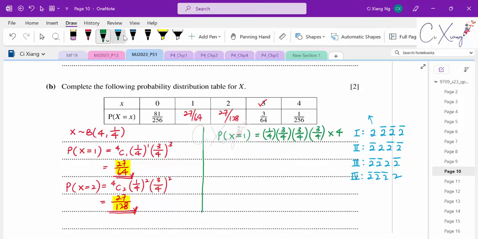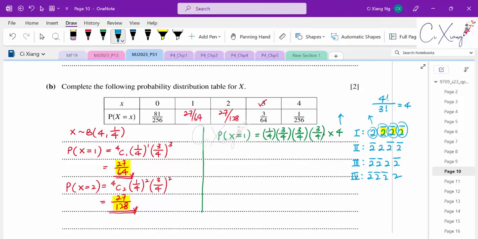More accurately, I want you to observe that originally I'm having 4 items, so to arrange the 4 items, it should be 4 factorial. Out of the 4 items, I'm having 3 identical ones, which are all the non-2. Therefore, I divide by 3 factorial, and therefore you have a 4.